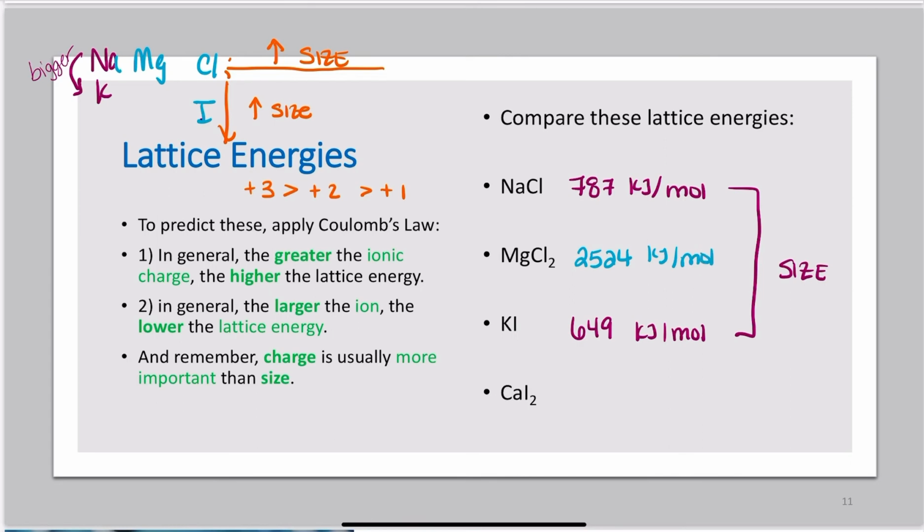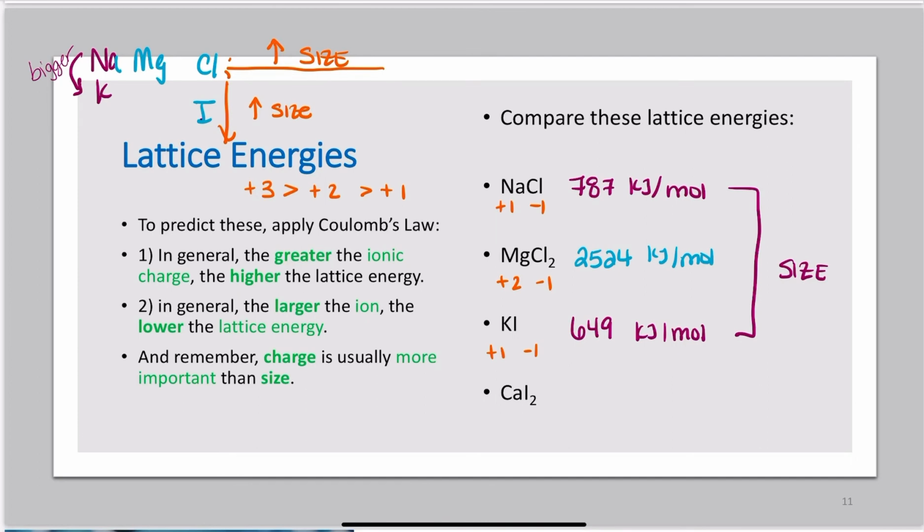The chloride is the exact same thing. The difference here: sodium plus 1, chloride minus 1, magnesium plus 2, chloride minus 1. That plus 2 charge trumps size. That greater ionic charge leads to a higher lattice energy.